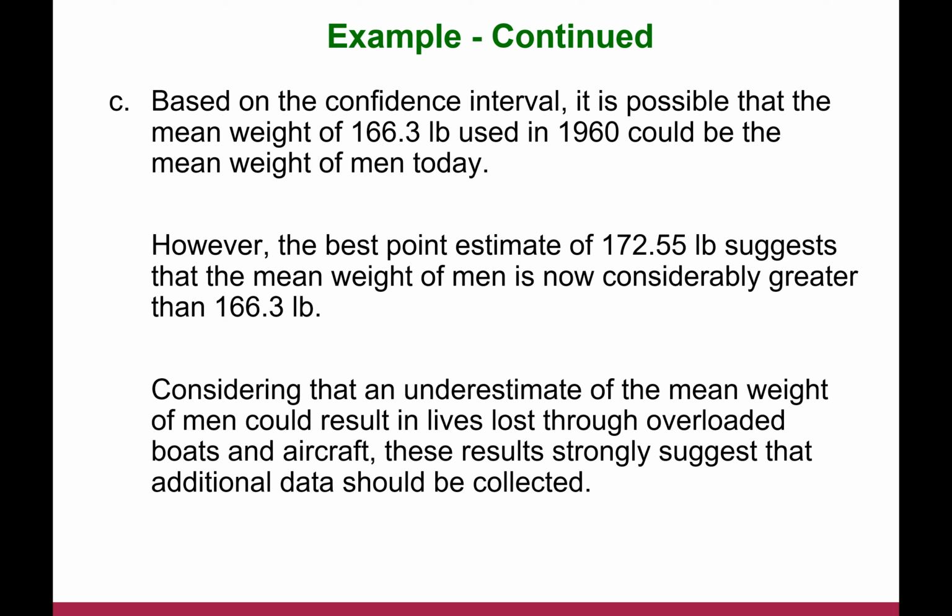Now, based on the confidence interval, it is possible that the mean weight of 166.3 used in 1960 could still be the mean weight of men today. However, the best point estimate of 172.55 indicates we should probably use this instead, because it's much greater than 166.3 pounds from back in the old days.